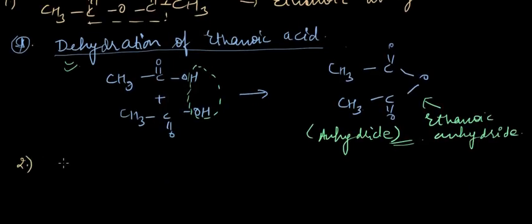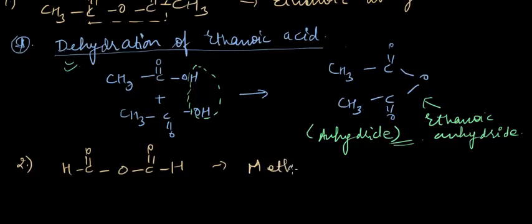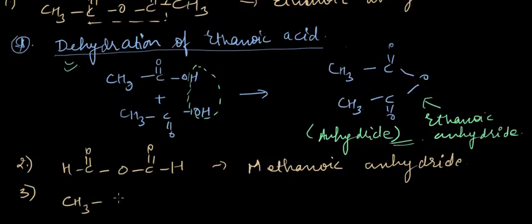So we have something like this. So this is called methanoic anhydride. Quickly tell me about this compound. This is ethanoic methanoic anhydride.